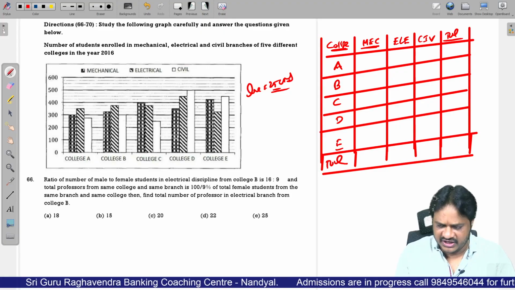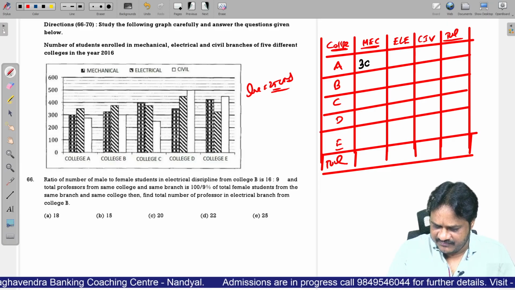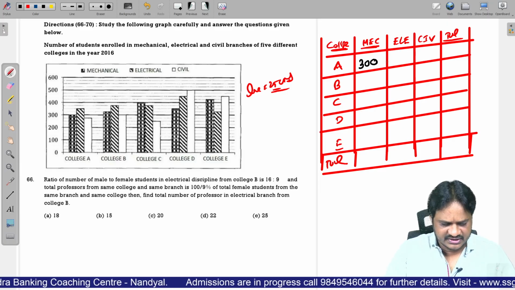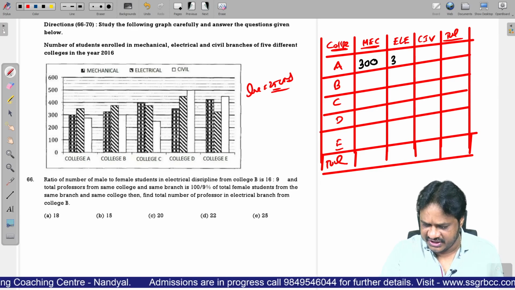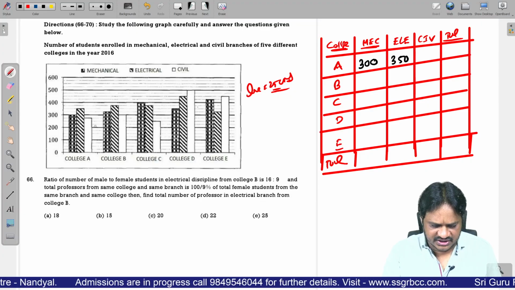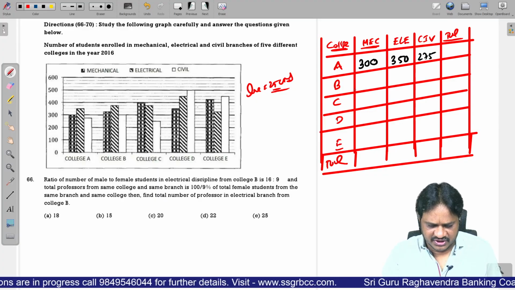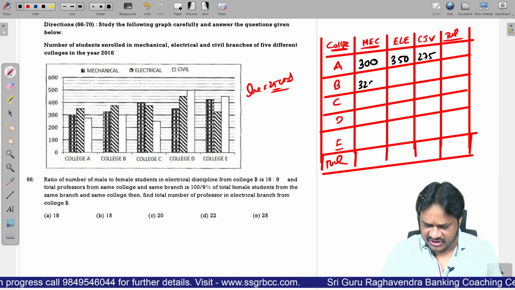Now, we will write down the values first. College A, mechanical, exactly 300. The next one is 350. The next one, that is civil, is 275. Next B. What is the first one? 325.